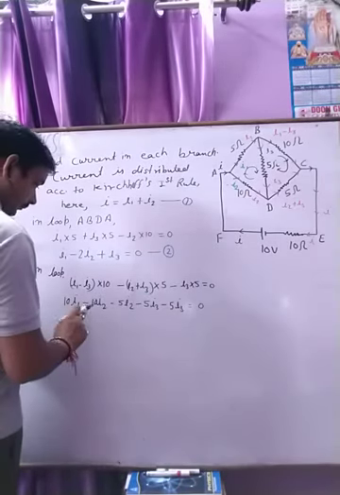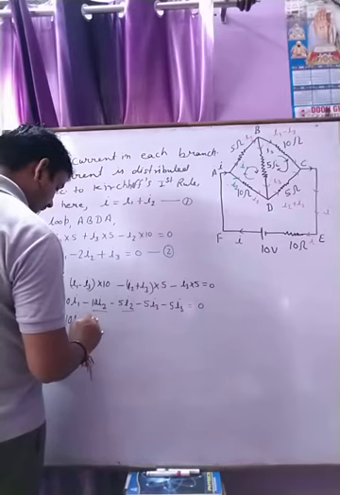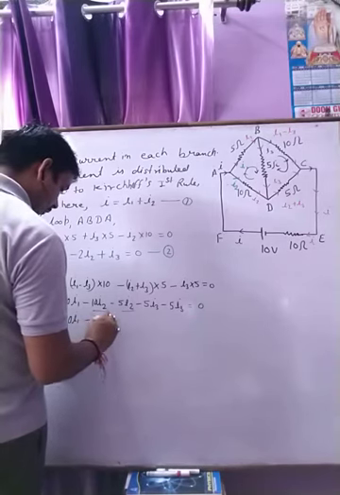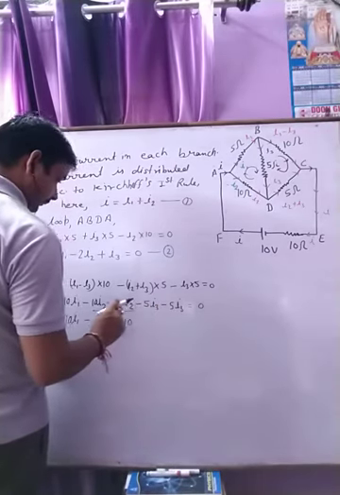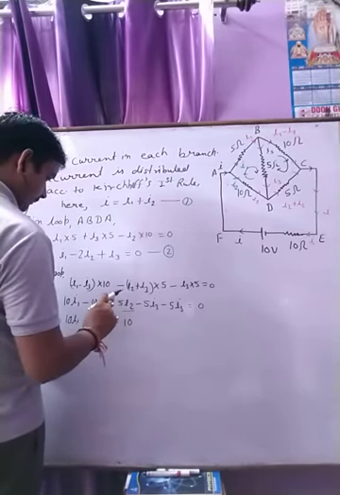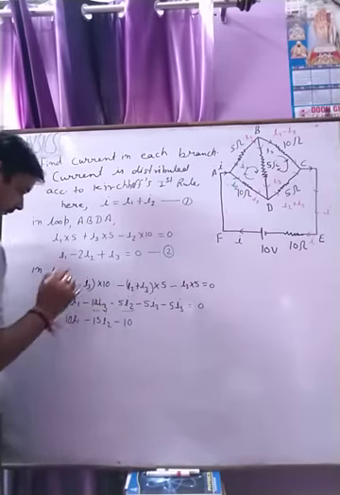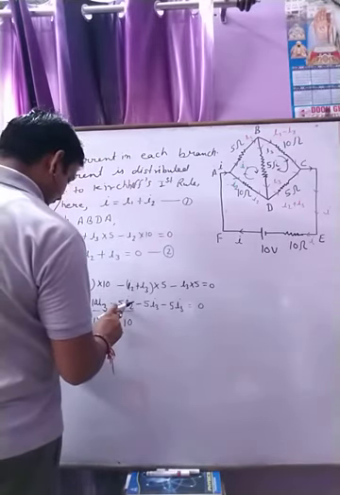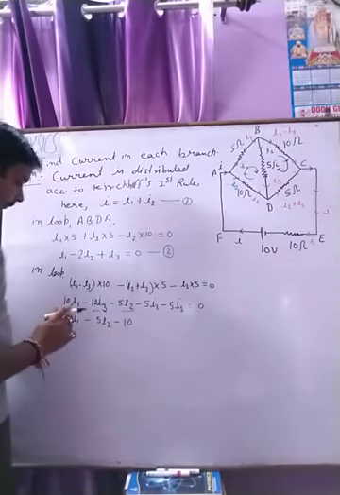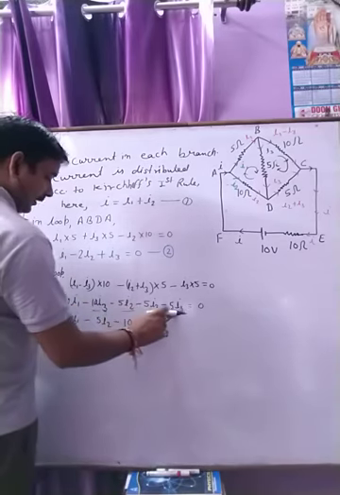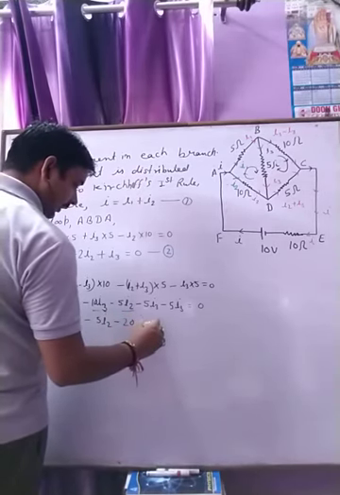So 10I1, minus 15I2, and again here minus 20I3 equal to 0.